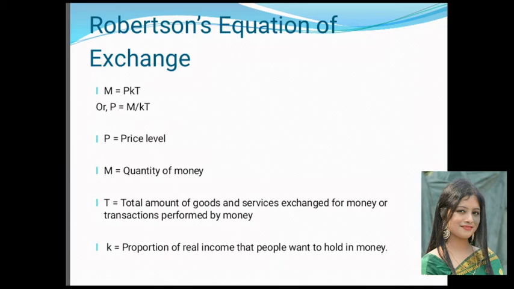So in this equation, it is clear that the definitions of M, P and T have been taken the same as in Fisher's equation, and K has been taken from Marshall's equation. According to Robertson's cash balance equation, P changes directly with M and inversely with K and T. This is very clear from this equation of exchange.